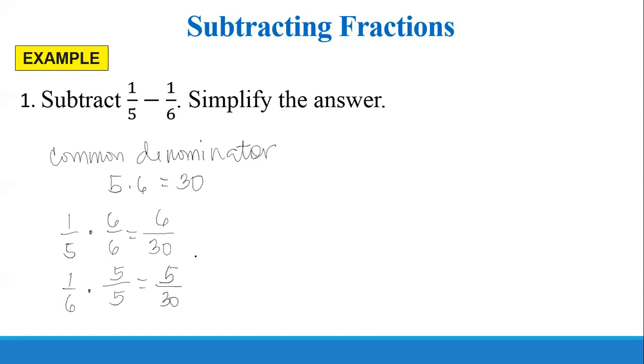Okay? So, subtract the numerators. Ayan. So, we have common fractions, 6 over 30 and 5 over 30. And then, subtract the numerators and keep the denominator. So, this is now equal to 1 over 30. Okay?